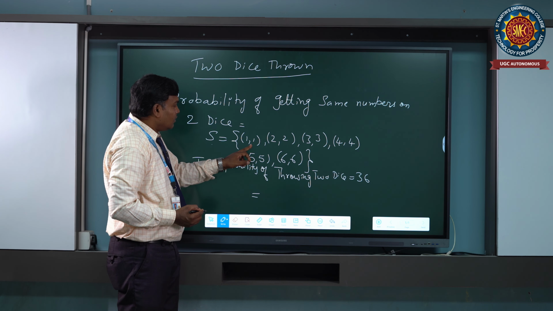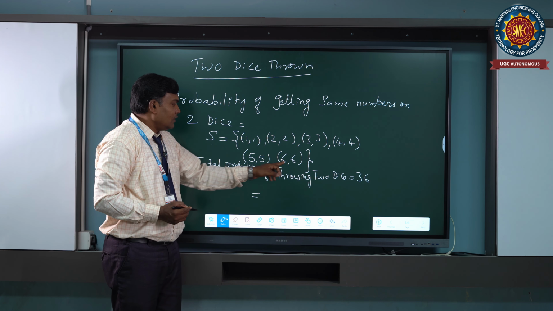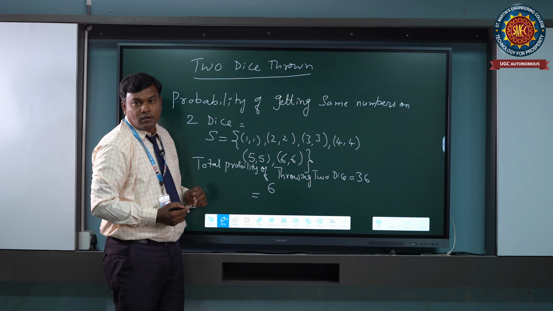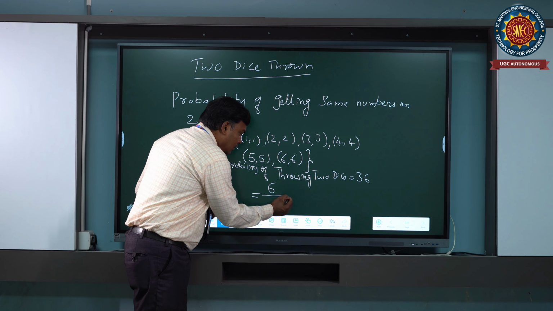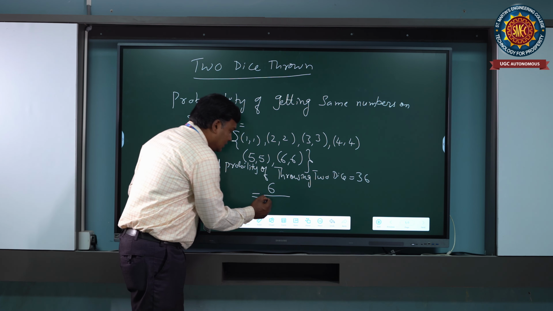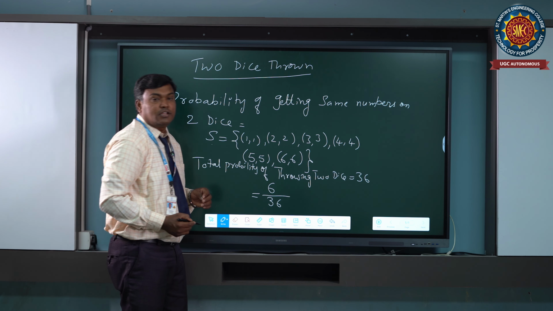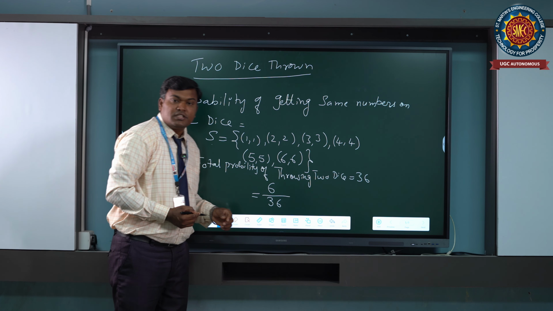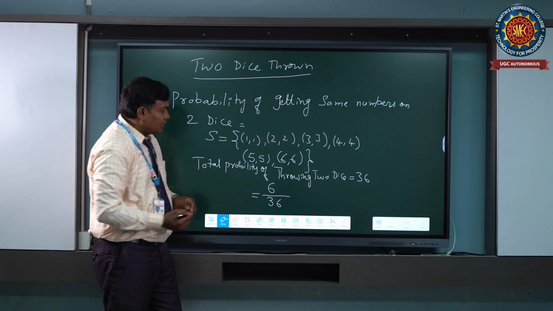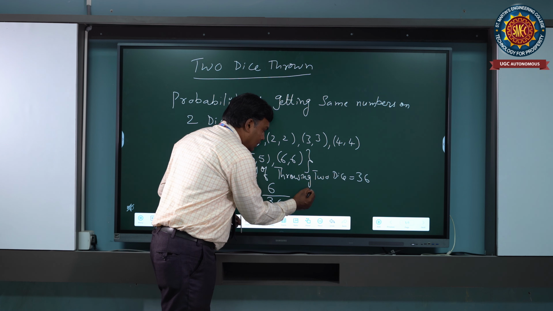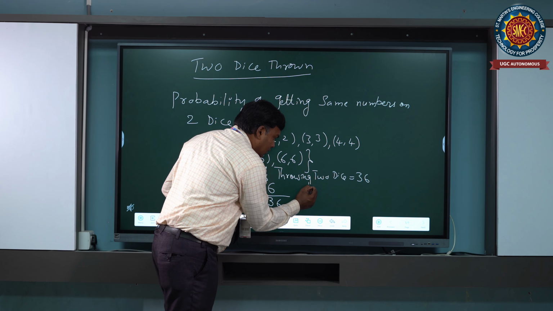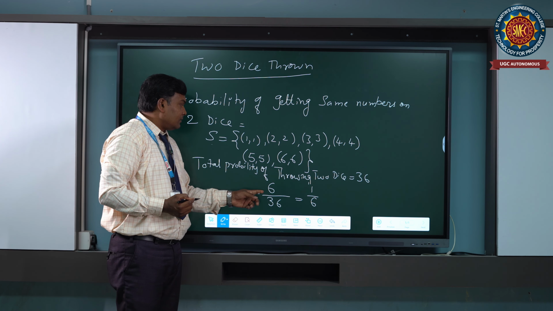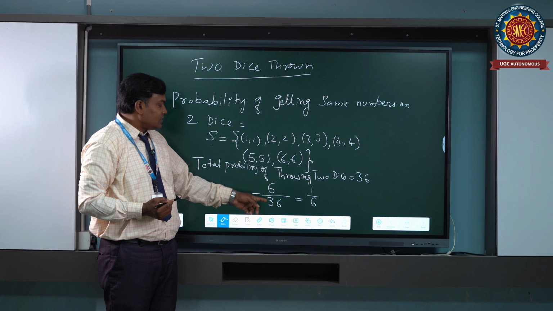Same numbers facing: 1, 2, 3, 4, 5, 6. Total favorable outcomes are 6 and total number of outcomes are 36. Okay, this is the probability. Probability value always lies between 0 and 1, right? This is equal to 1 by 6.